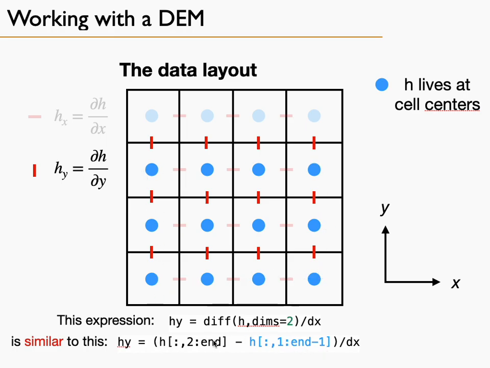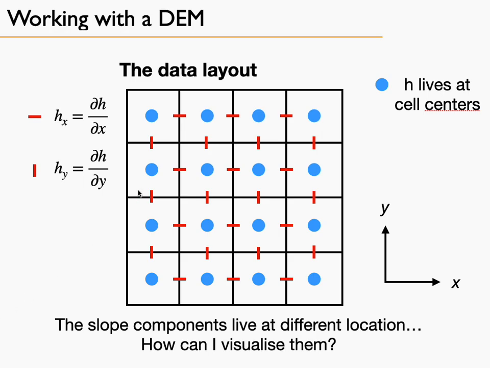By doing this operation, we can approximate the slope component hy, and we end up having all our slope components hx and hy living at different places.